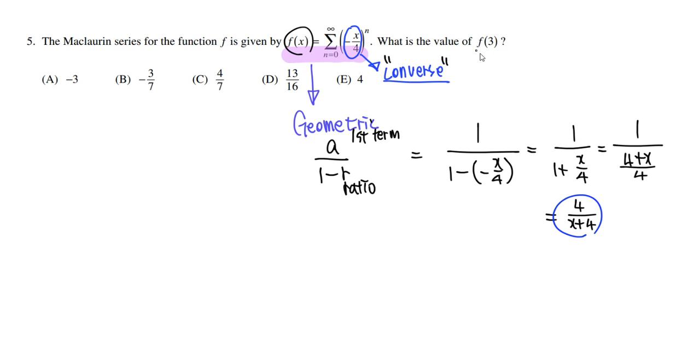So when I plug in 3 for x, 4 over 7 is going to be the answer. Please keep this in your mind: I used the formula for the sum of an infinite geometric series.